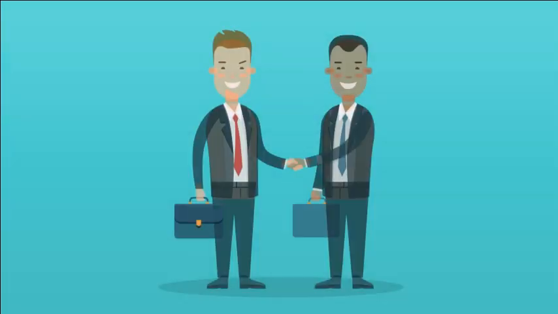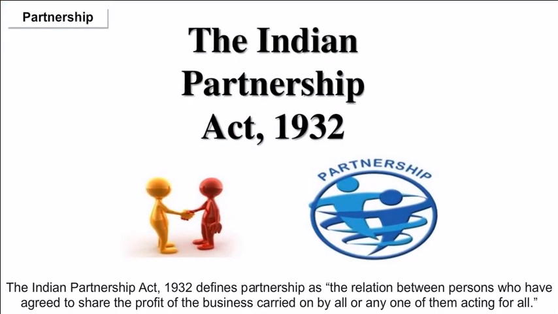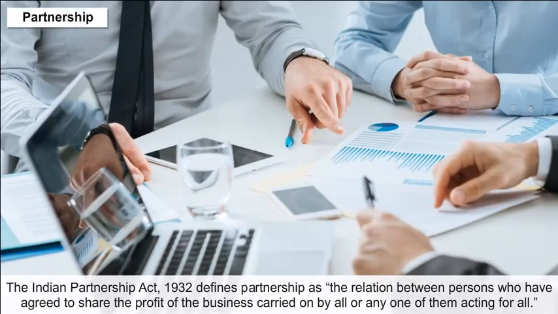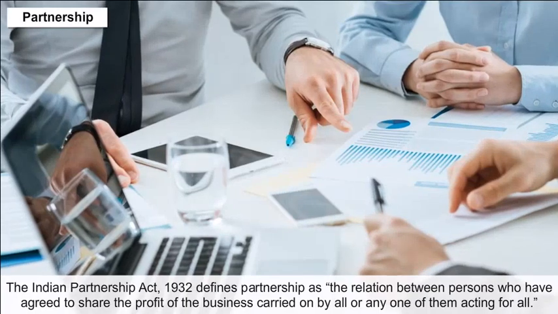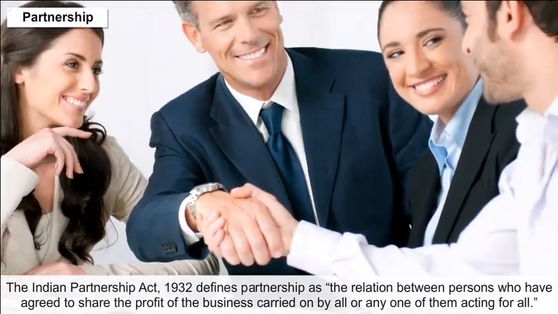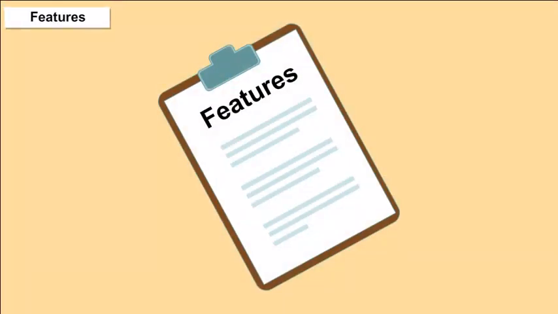Partnership. The Indian Partnership Act 1932 defines partnership as the relation between persons who have agreed to share the profit of the business carried on by all or any one of them acting for all. Features.